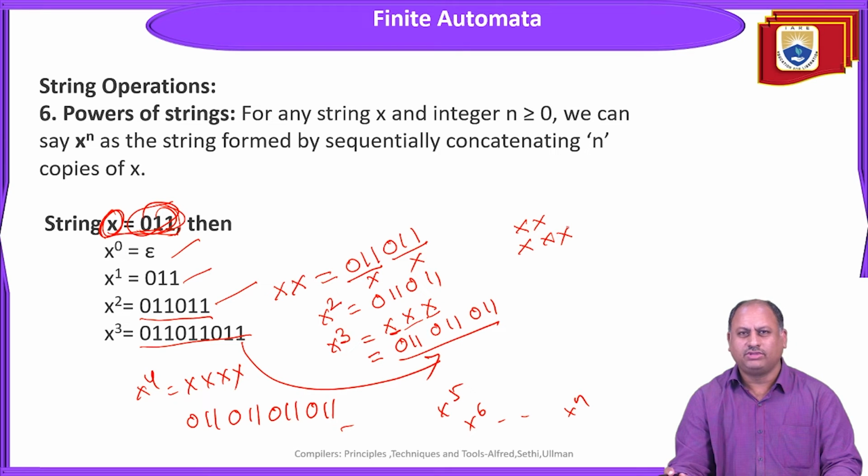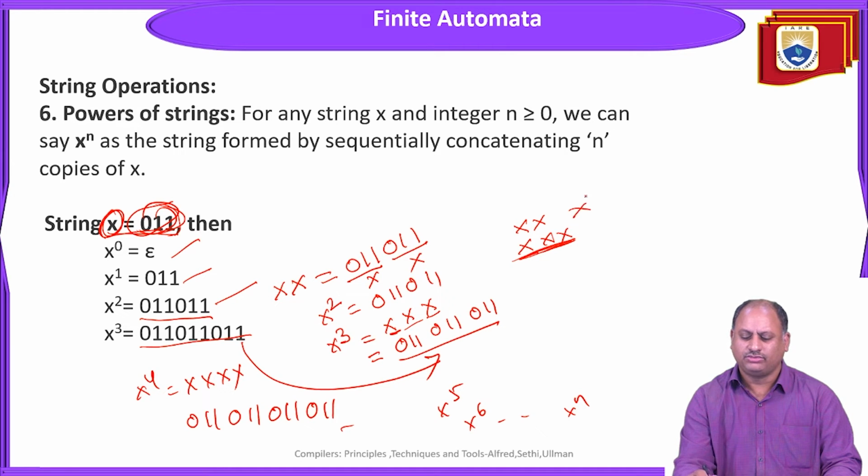Like that, we are going to use the power of strings as one of the mechanisms, a sequential representation of the concatenation of the individual copies of the strings. This sequence of individual combination is called concatenation of the string copies of x.